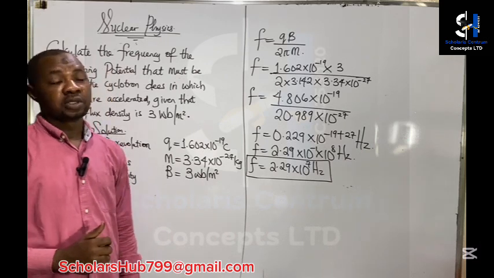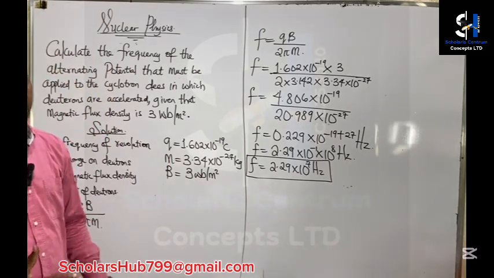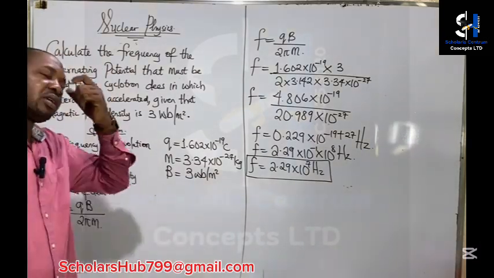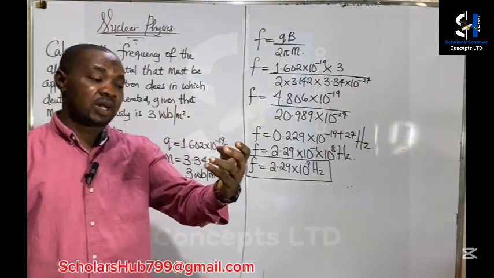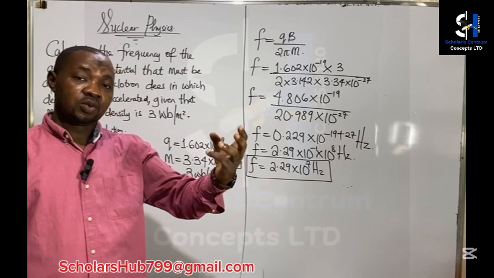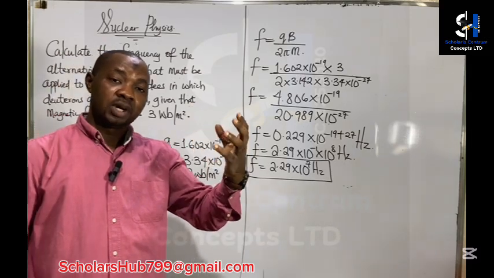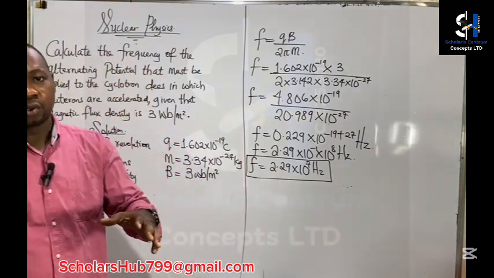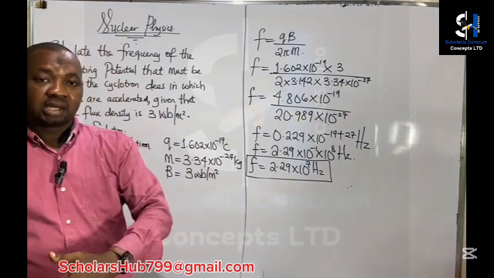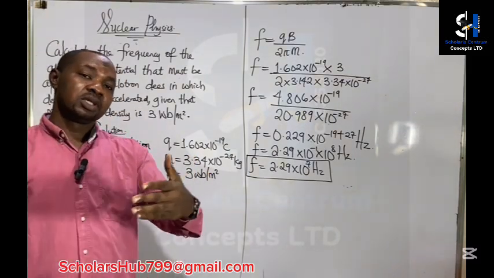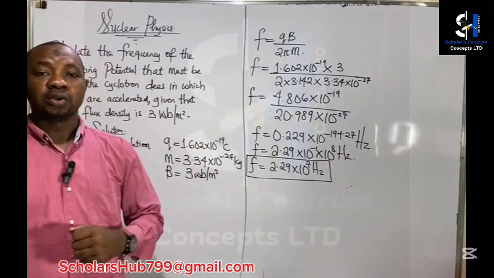That's in the case of the cyclotron, a cyclic accelerator, because we have two types of accelerators. We have the linear accelerator, like the drift tube accelerator, and we have cyclic accelerators like the Betatron, Cyclotron, Synchrotron, and others.